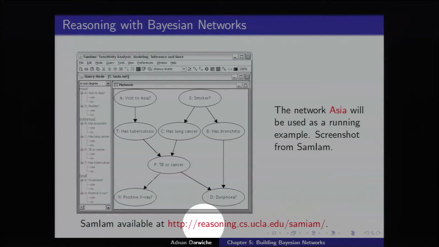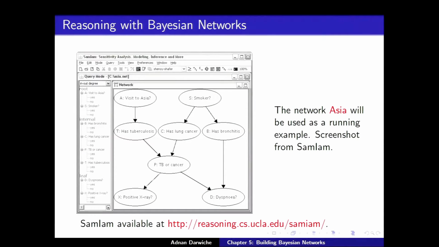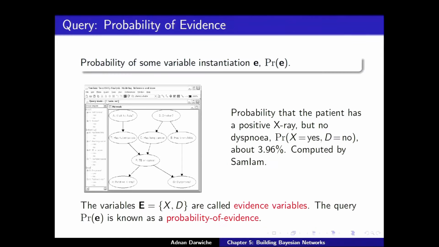I mentioned that before. That was actually built here by my group, and it's available online, and you will actually use it in your homeworks. I should also mention that it already comes with a whole bunch of small tutorials. So everything we're going to talk about today, the queries and so on, there are short tutorials on these online.